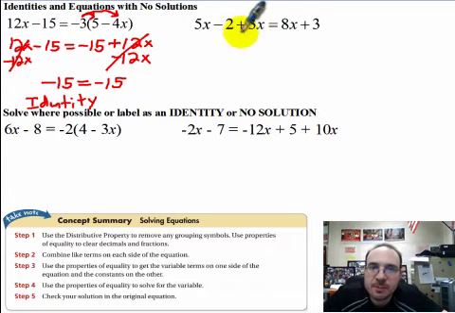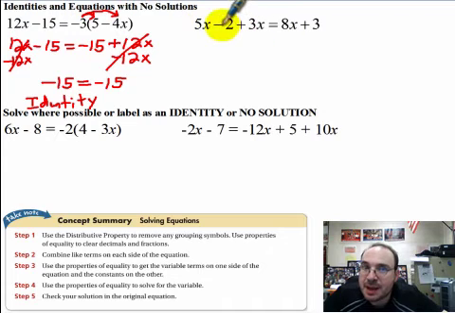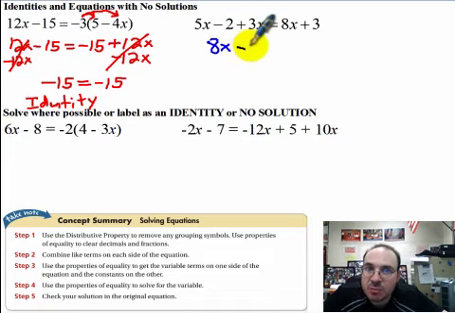Okay, the next one here, before I can move things over, I have a 3x and a 5x, and since those are on the same side, I just combine them by adding normally. So I do 5 plus 3 and get 8x. Then on the other side I have 8x plus 3.